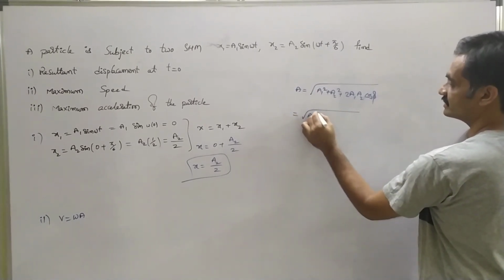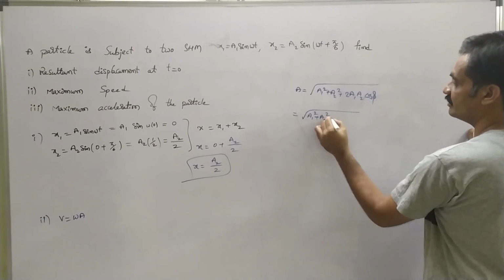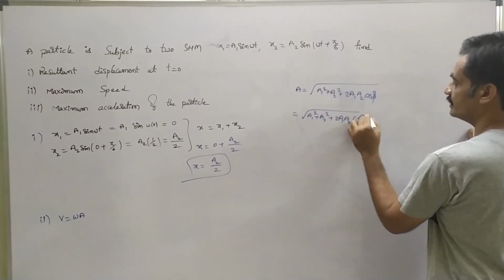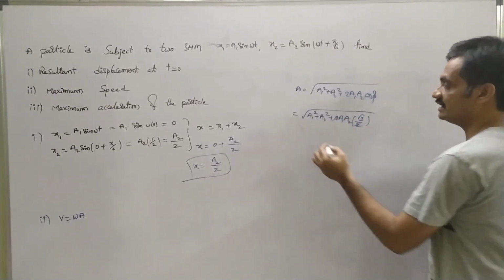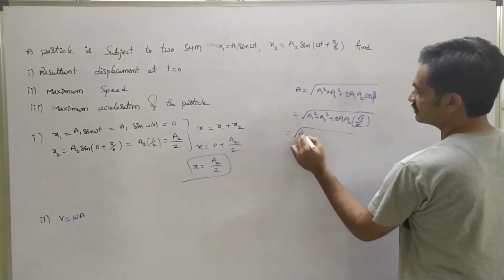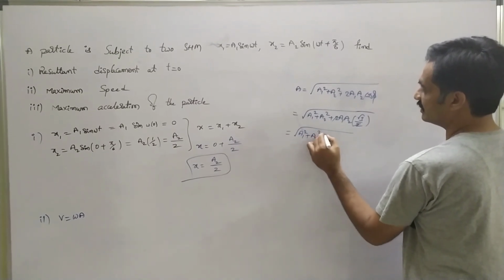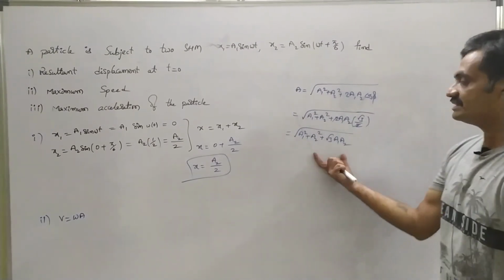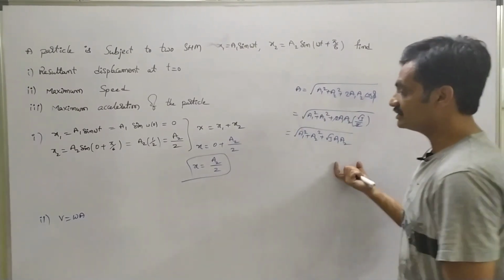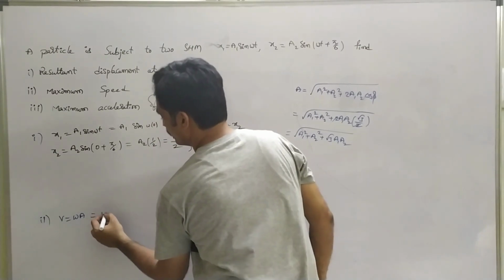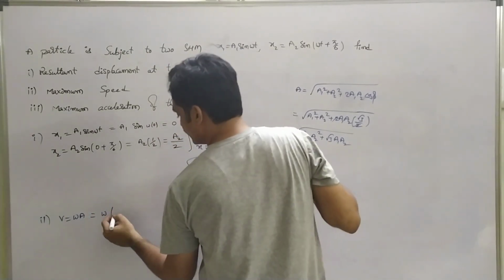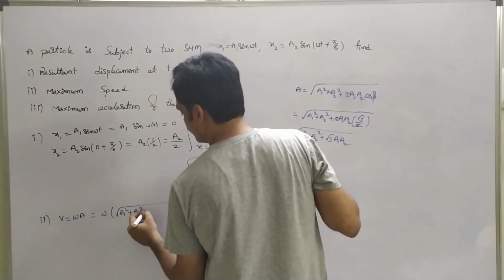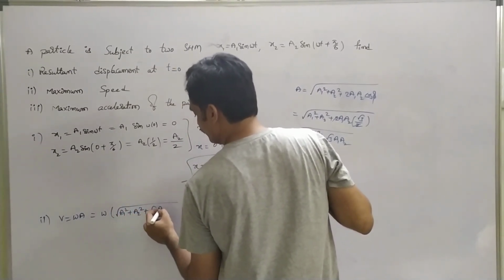Then we have a1 square plus a2 square plus 2 a1 a2 into root 3 by 2. So here 2 gets cancelled, and we get a1 square plus a2 square plus root 3 into a1 a2. So this represents the resultant amplitude. So if we substitute this value here, we have omega into under root of a1 square plus a2 square plus root 3 a1 a2.